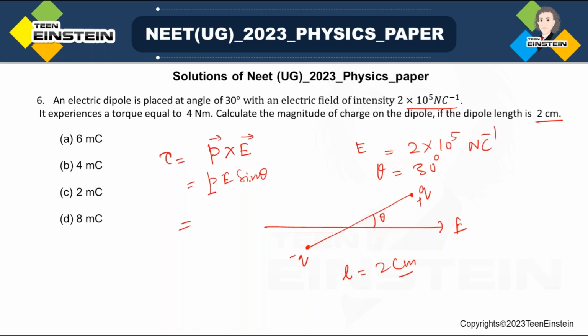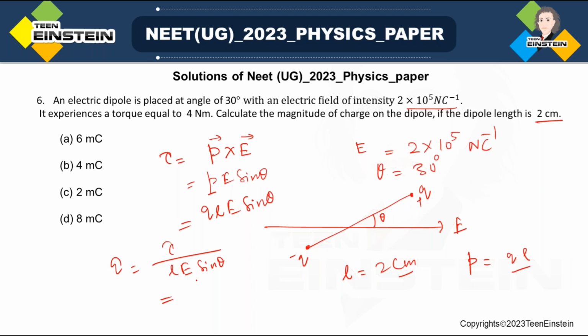If the length of the dipole is given, then we can write P is equal to Q into D or Q into L. Let us write Q into L E sine theta. This is the thing. Now, what is this Q? We have to find out. Torque divided by L E sine theta.